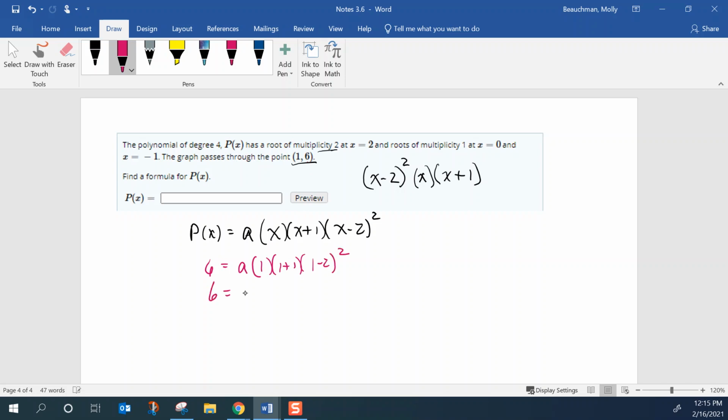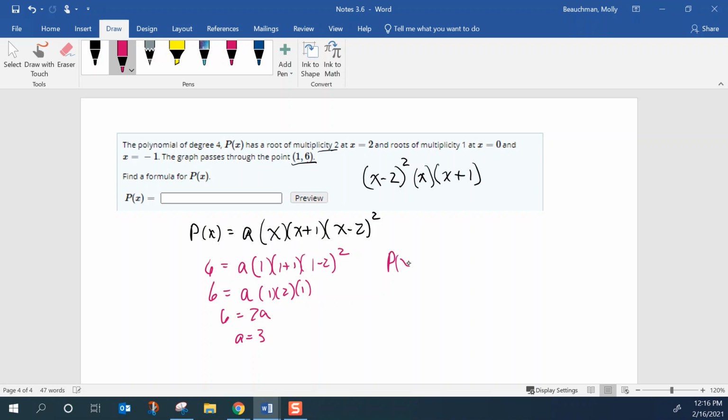And you end up with 6 equals a times 1 times 2. Negative 1 squared is a positive 1. 6 is equal to 2a, so a would equal 3.